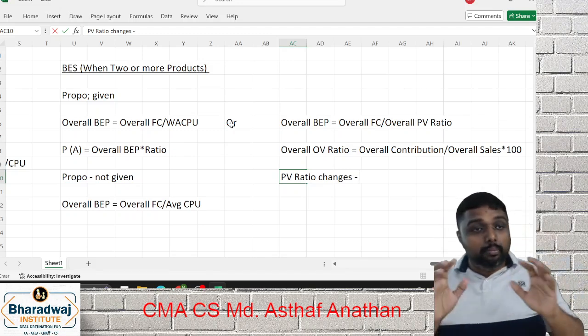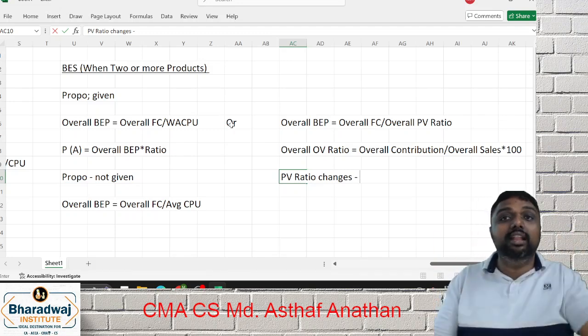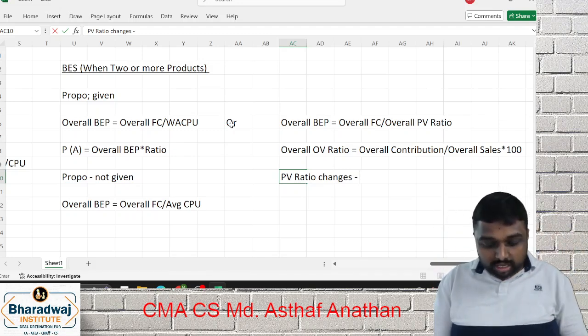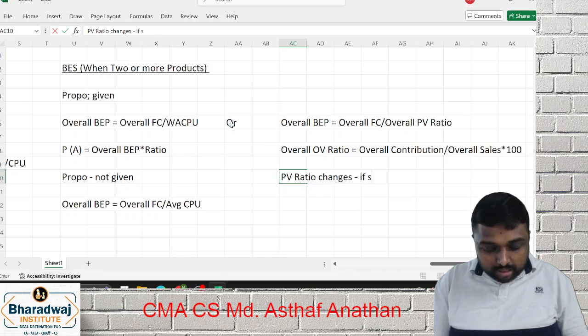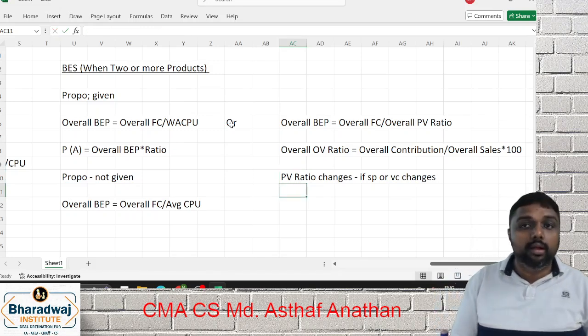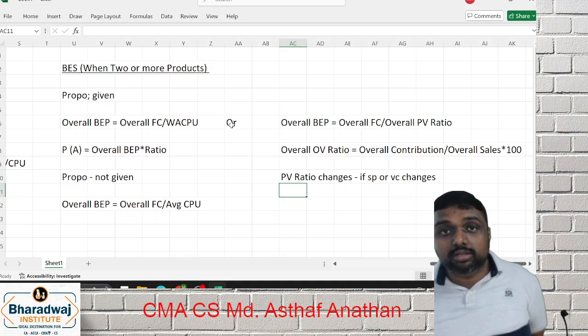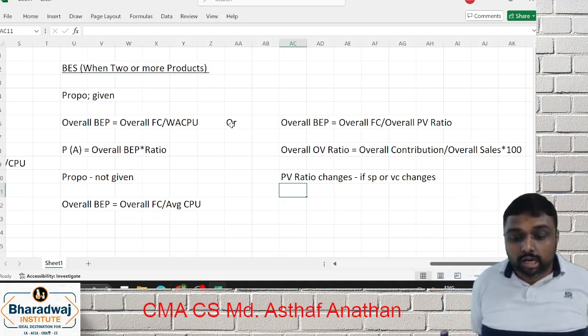PV ratio, the main formula, is sales minus variable cost, balanced; everything can be reversed also. So PV ratio changes if selling price or variable cost changes. This is very important. You can write it down if you have not written already, because for reverse calculation standard questions, this is required.